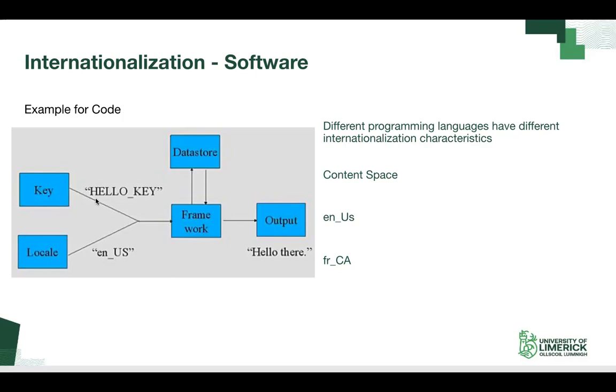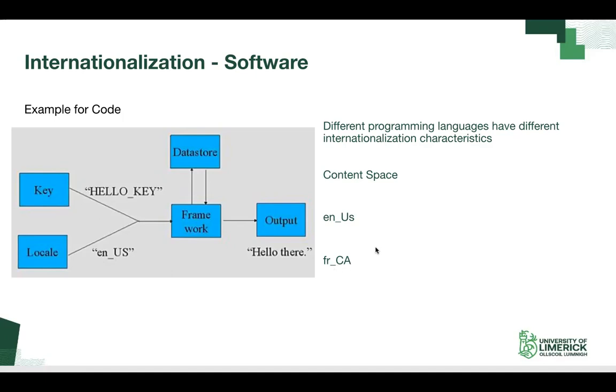Like in this picture, Java uses a two-letter lowercase language code, then an underscore, then a two-letter uppercase country code. We can see en_US represents American English, and the output is hello there. And fr_CA means Canadian French.